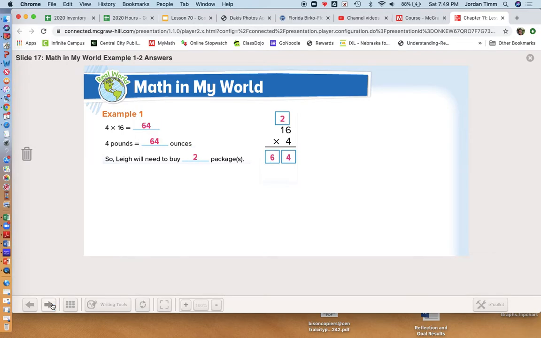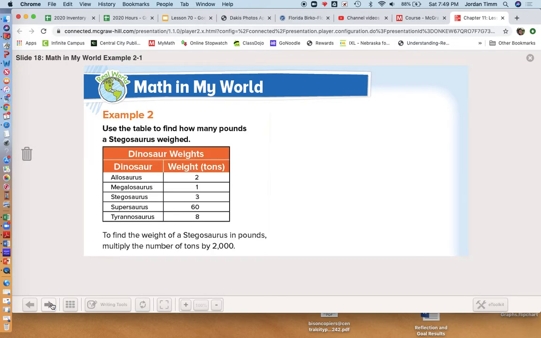Turn the page. Before we start example 2, you need to know that a ton is a very heavy unit of measurement. There are 2,000 pounds in 1 ton. We need to use the table to find how many pounds a Stegosaurus weighed.